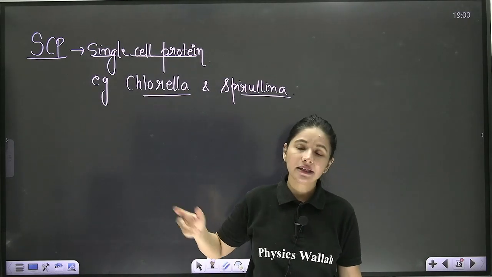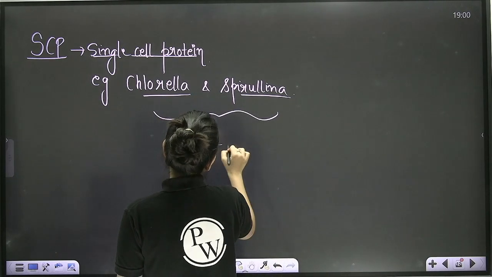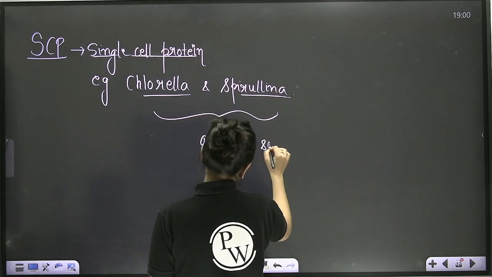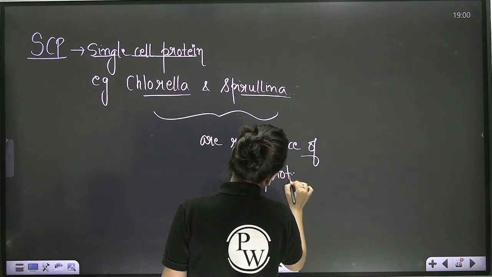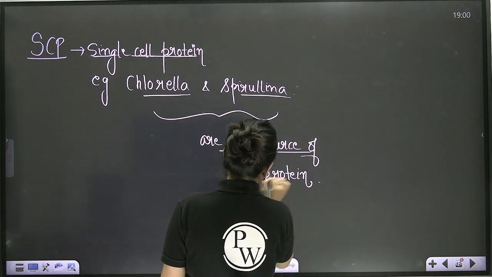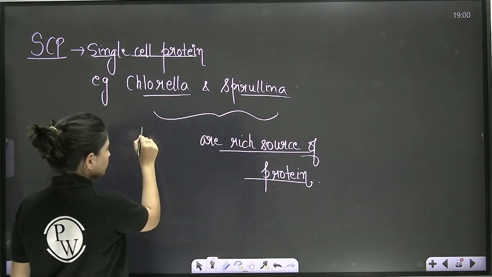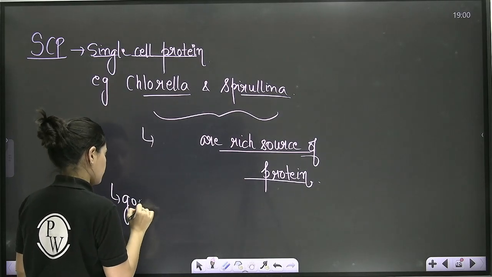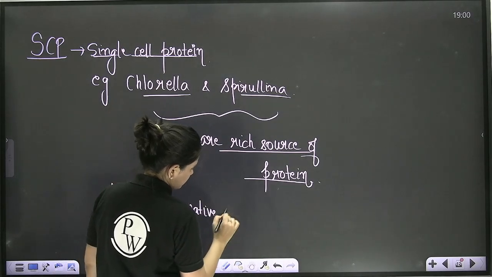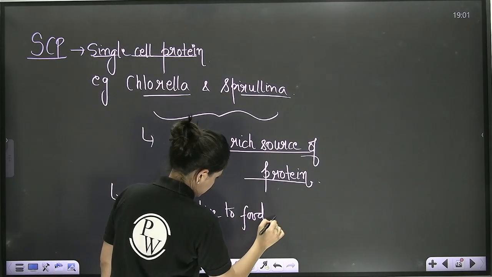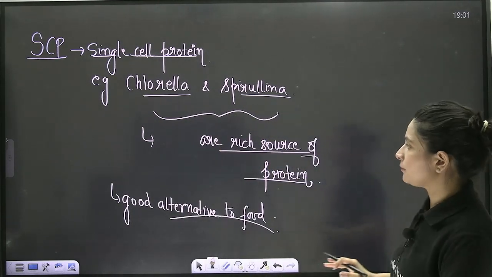So SCPs are a very good source of protein, a rich source of protein and they are good alternative to food. Correct? Got my point, everyone? So this much you have to remember for single cell protein.